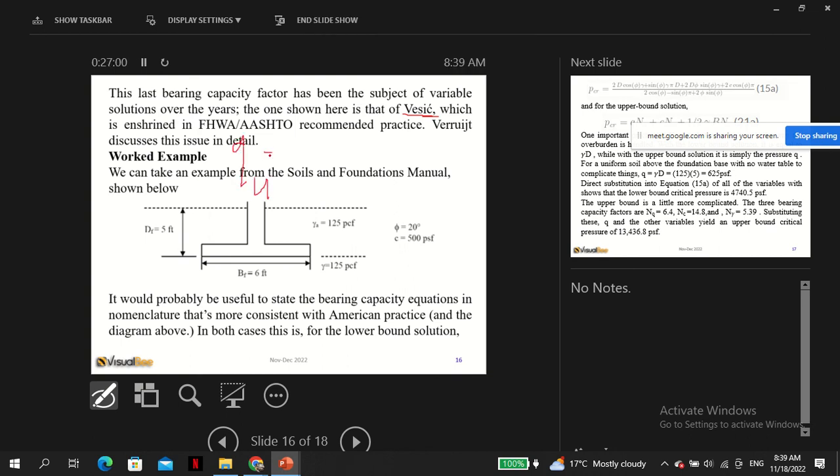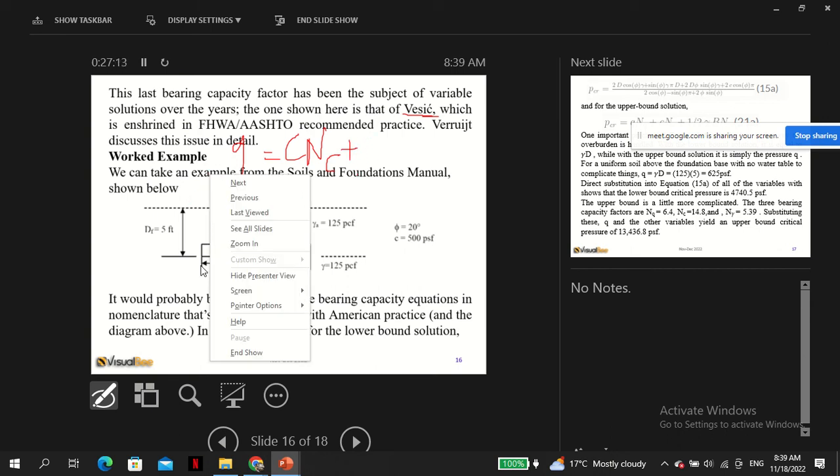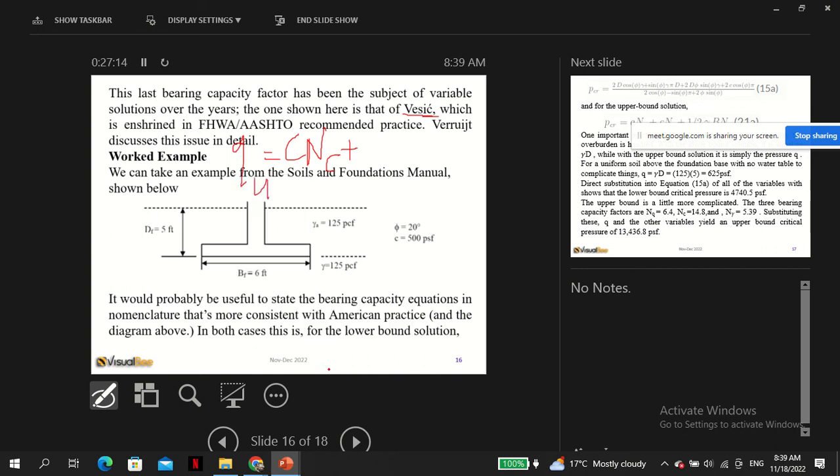Q equals cNc, and now I want us to participate. cNc plus what? Does anyone remember the formula? Because you will find this in the exam. I've said this equation several times in this class. So I need you to tell me Q equals what, and guide me how to solve this part.